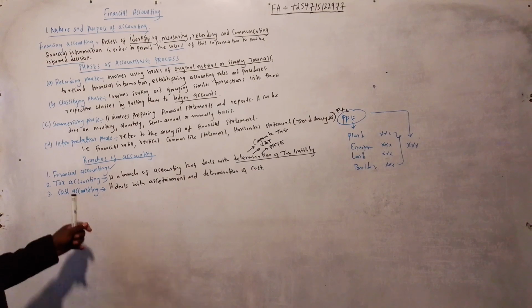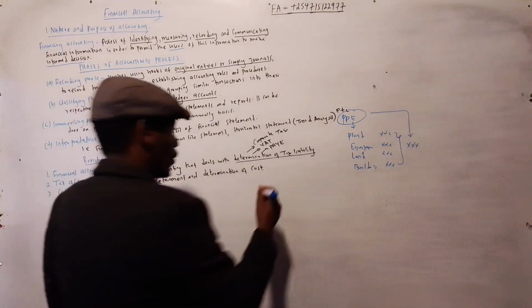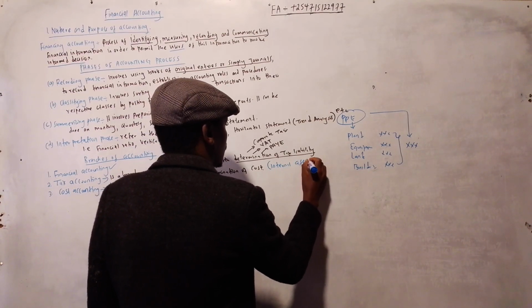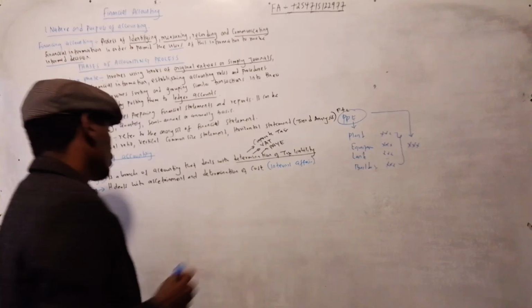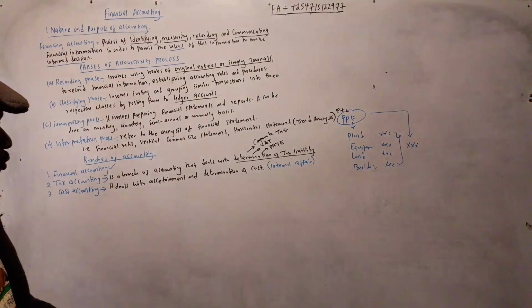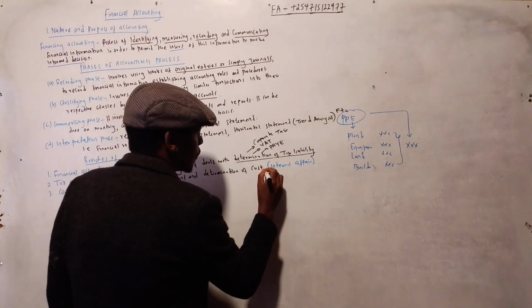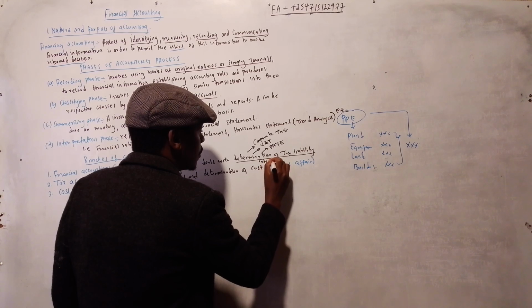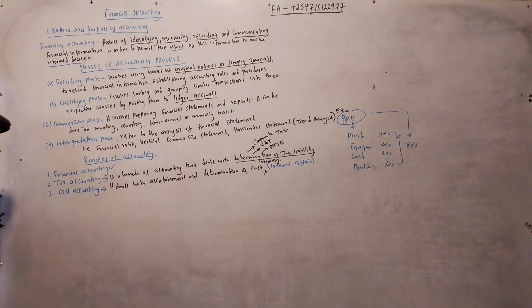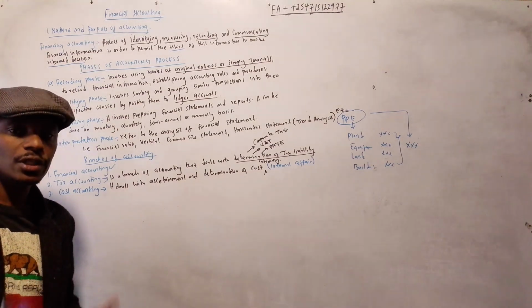Remember, cost accounting is an internal affair of an organization. So it is the ascertainment and determination of cost internally. When we talk about internally, we talk about within the organization.